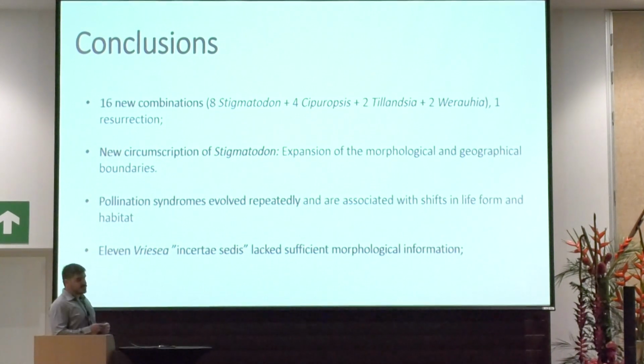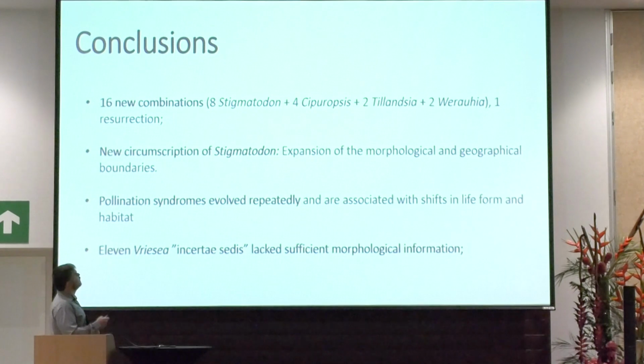Okay. So the conclusions about these 3 works: we had 16 new combinations, okay? 8 for Stigmatodon, 4 Cipuropsis, 2 Tillandsia, 2 Werauhia, and 1 resurrection. We propose a new circumscription of Stigmatodon with expansion of the morphological and geographical range of this group, especially regarding the stigma type.